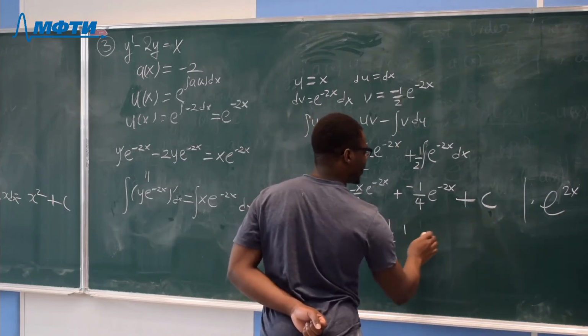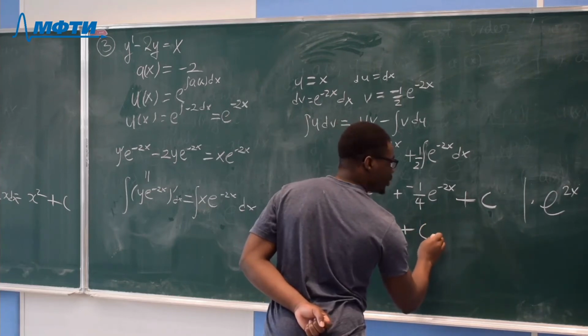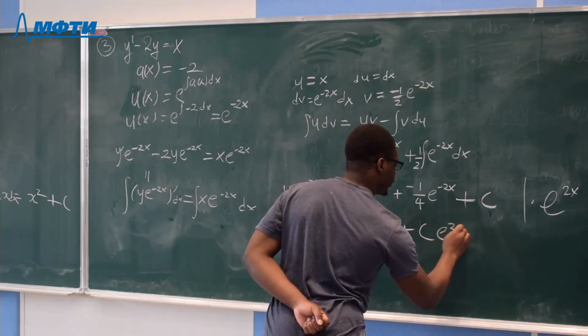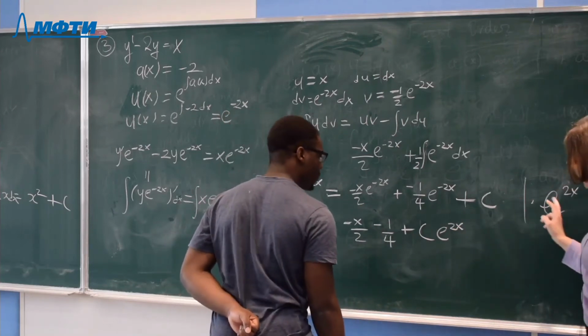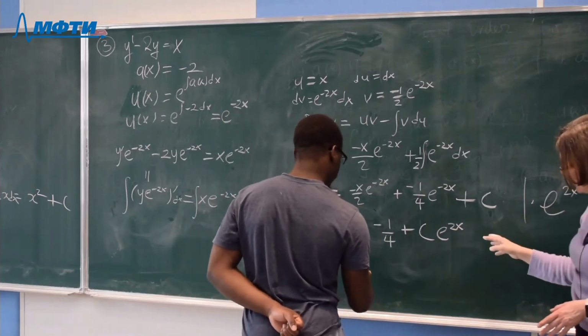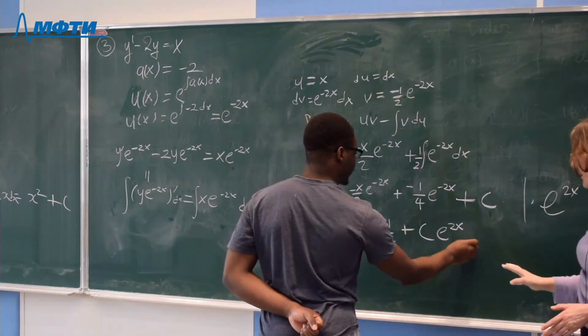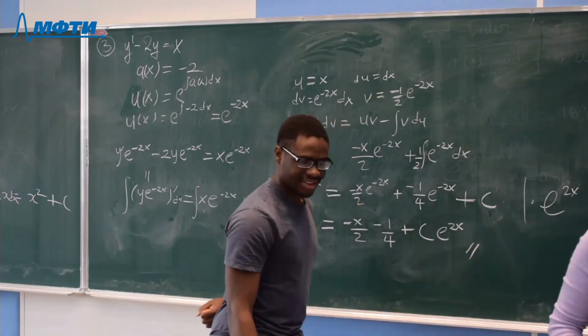Plus c multiplied by e to 2x. You can't leave c alone, so you must multiply it by e to 2x. They are different functions. So now it's correct. Thank you.